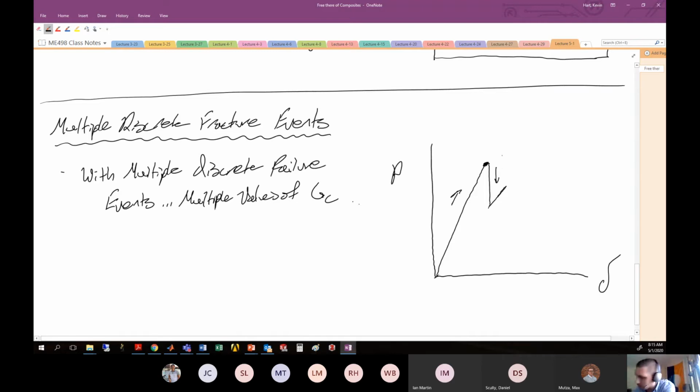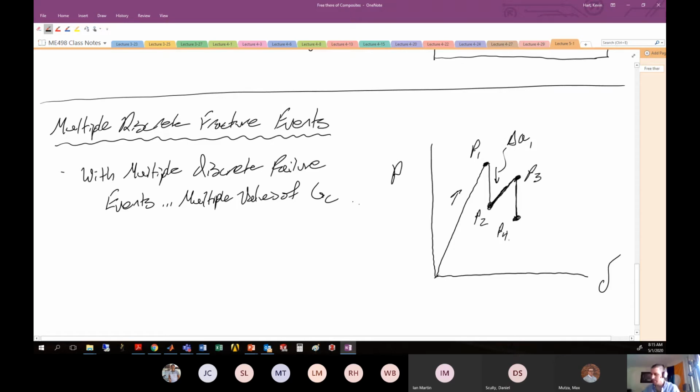All right, so in this particular situation, you've got delta A, let's call it 1, and here's P1, and let's call this P2. All right, so we load some more, load some more, load some more, and then we have another event. Bang, fractures again. Maybe you call this P3 and this P4 or something.